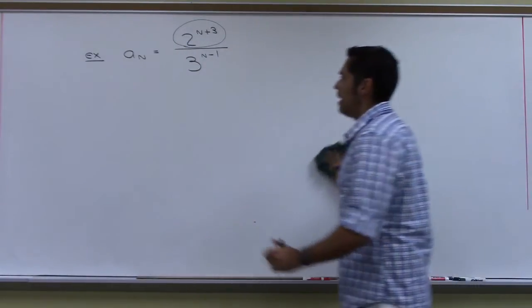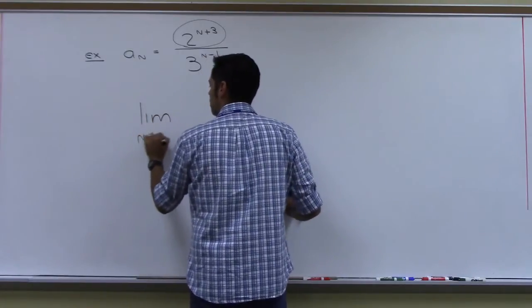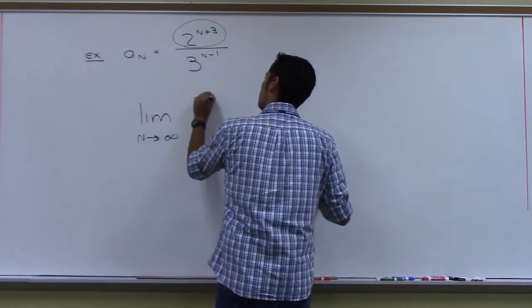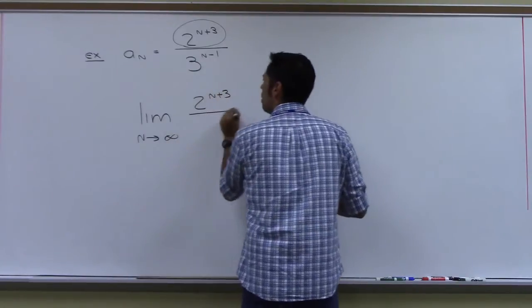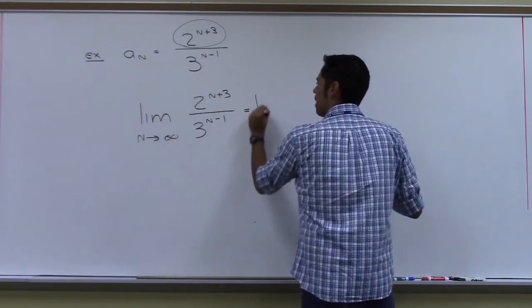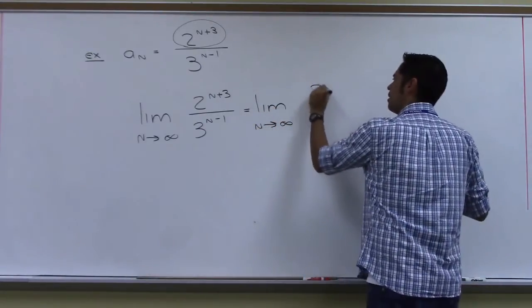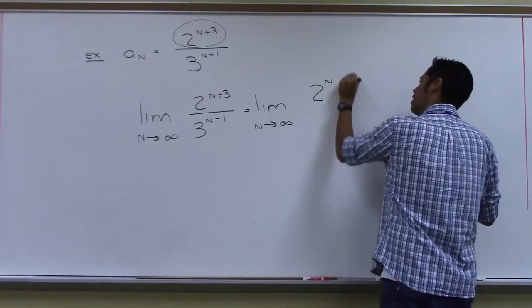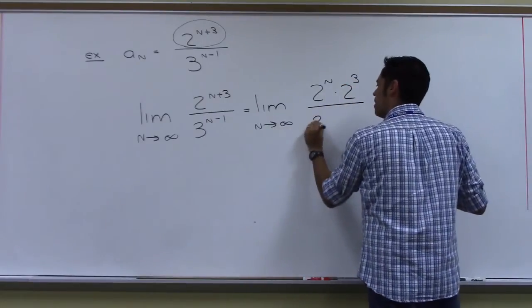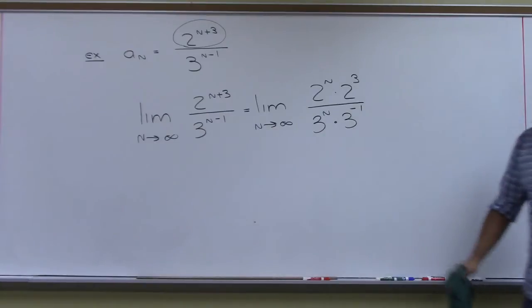All right, so if I can't use L'Hopital, and I'm trying to figure out the limit as n goes to infinity of 2 to the n plus 3 over 3 to the n minus 1, do you agree that I could rewrite it like this? And there's no calculus going on here, all right? This is purely college algebra, properties of exponents. Isn't that the same thing?